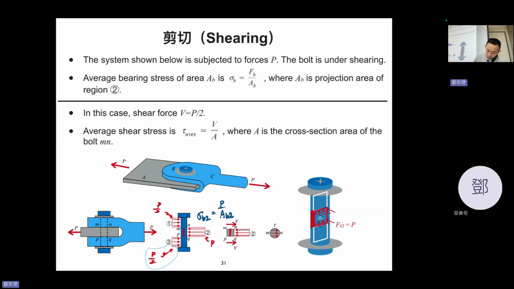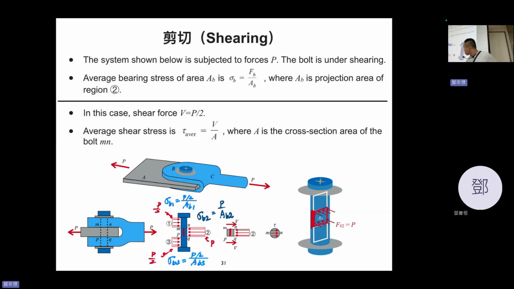And then, of course, that region will have sigma B1 equal to P divided by 2 over AB1. And of course, sigma B3 equal to P divided by 2 AB3.